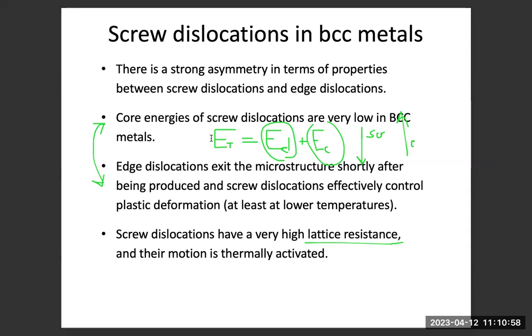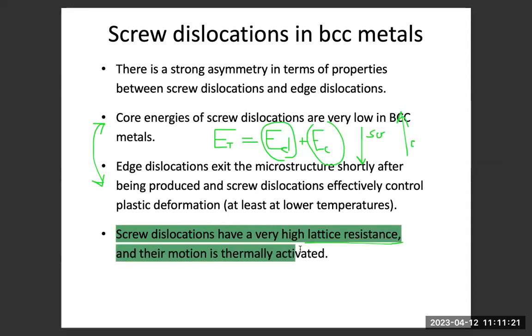They dissociate into Shockley partials, Frank partials, but at high stresses and with thermal activation, we activate the screw dislocations. And in contrast to edge dislocations, this is very important: screw dislocations have very high lattice resistance, and their motion is thermally activated. Edge dislocation motion is athermal, but for screw dislocations, we have thermal activation.